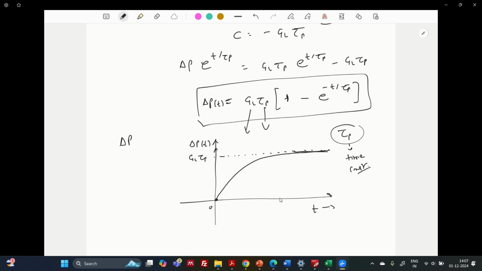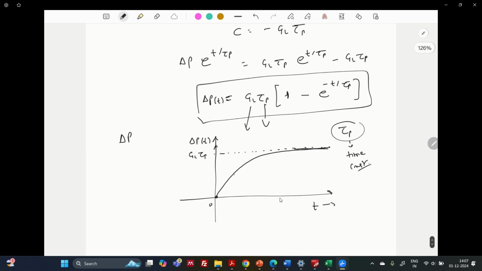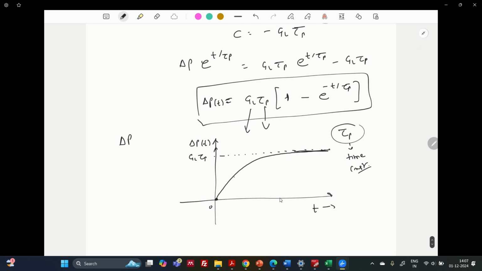Because when you are generating the carriers, you are also increasing the recombination rate. Initially, you had just thermal generation and recombination. Suddenly, you started to generate more and more electron hole pairs, right? So initially, your concentration of electrons and holes will start to increase. But as you increase your delta p equal to delta n, this is going to increase the overall electron concentration, and this is going to increase the overall hole concentration.